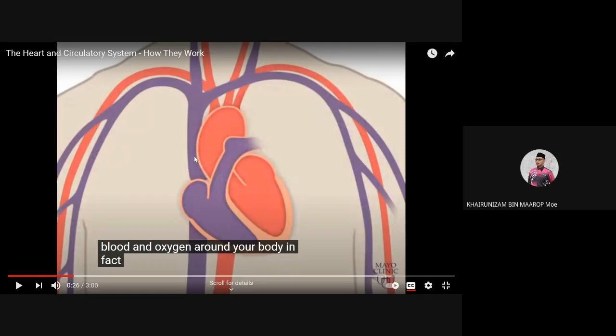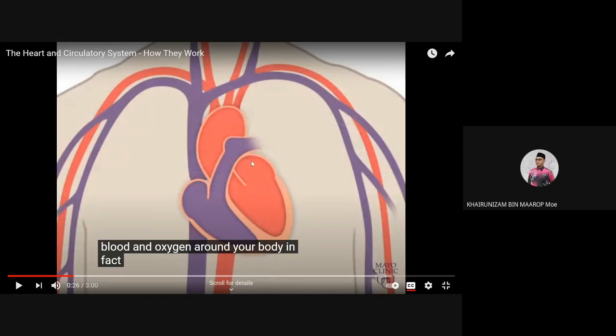Okay, if you look at this, this is the superior vena cava. The superior vena cava continues to our upper body part, our arm, and our head. And then for the inferior vena cava, if you look at my area here, this continues to our abdomen part.